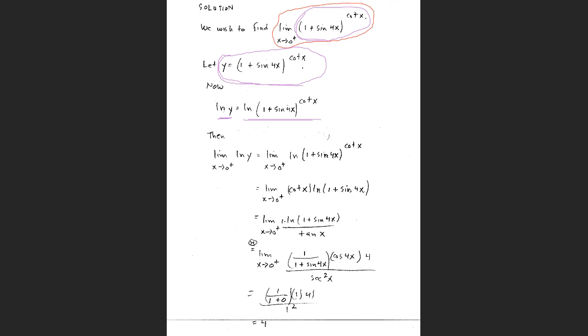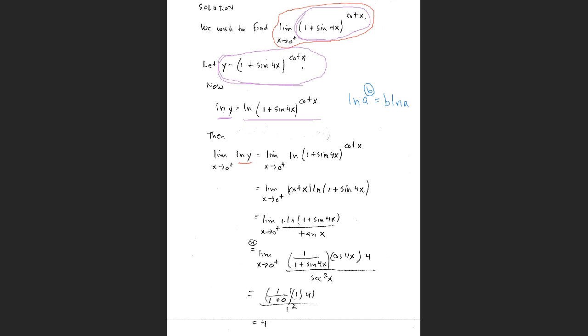Now why do I want to worry about the log of y? Because the natural log has some nice properties. One of them is that the natural log of a to the bth power equals b times the natural log of a. That cotangent of x power is making this a difficult limit to work with.